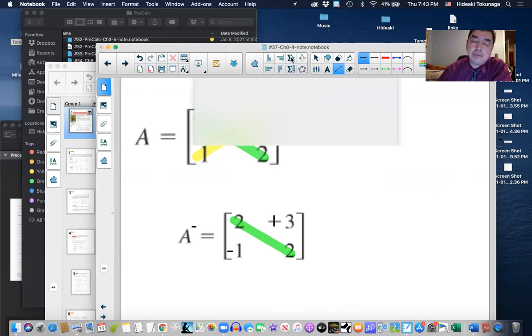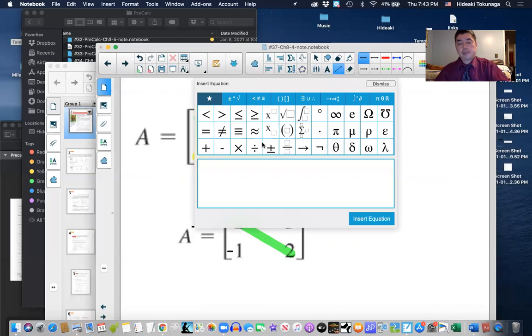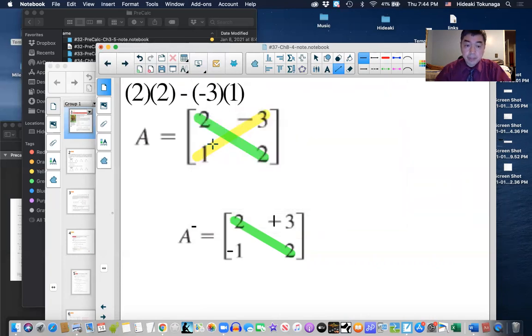Let's see. 2 times 2 minus negative 3 times 1, I believe. Let me see. Negative 3 times 1.